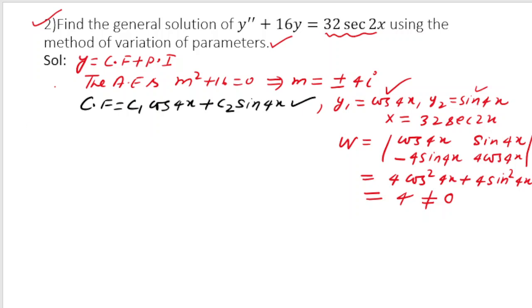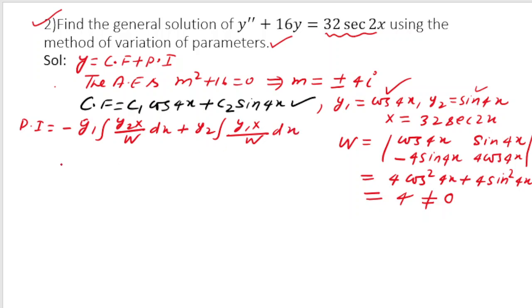Now how to find the PI? I am going to write the process of finding the PI here. So PI is minus y1. Let me write the formula again: minus y1 y2 X by W dx plus y2 y1 X by W dx. So what is minus y1? It is minus cos 4x. What is y2?